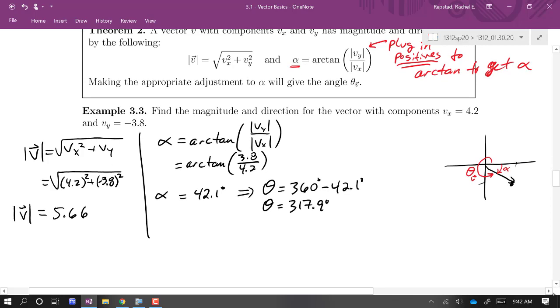Great, so we found magnitude and direction. Since it just said find the magnitude and direction, we could just circle those as our two parts of the answer they're asking for, or we could put them together and say our vector v is magnitude 5.66 at an angle of 317.9 degrees.